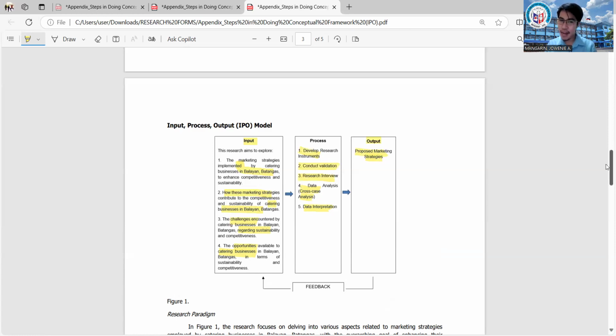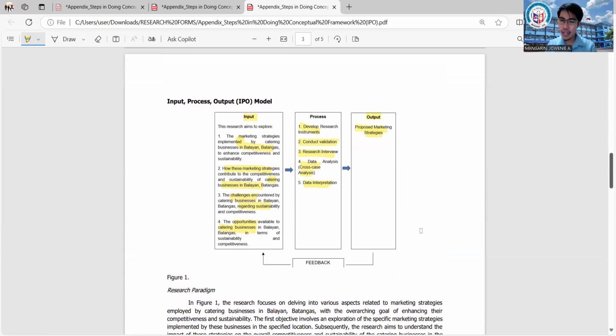And sa pinakababa ng ating IPO model, meron tayong feedback loop. So ito yung feedback loop. Kumbaga, ang purpose ng feedback loop is that ma-check whether yung output na pinroduce ng mga researchers ay sumasagot, uma-align sa contents na inilagay nila sa input.